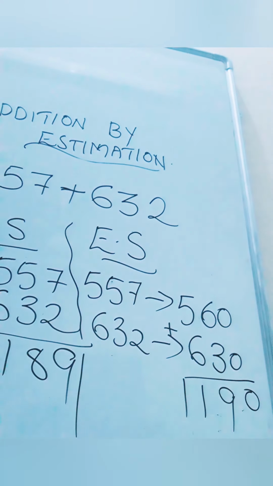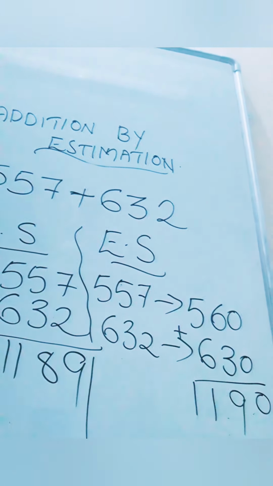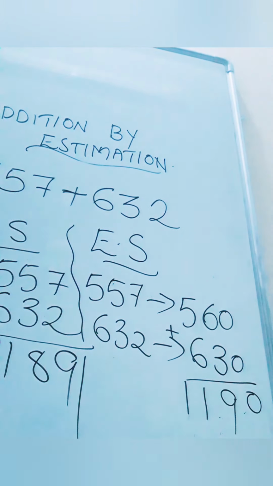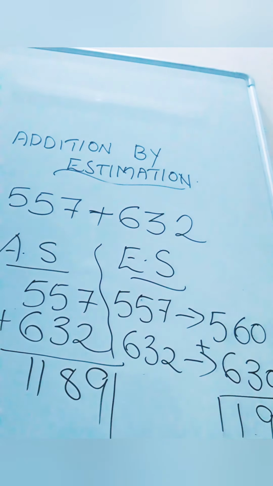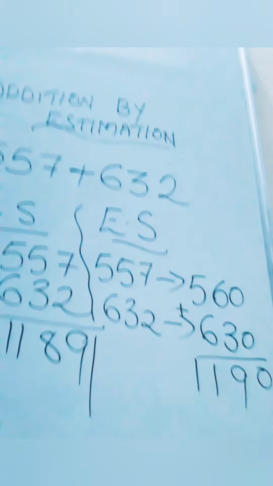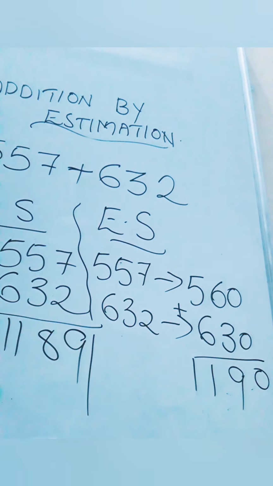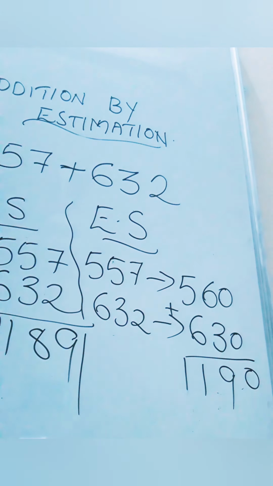See here, the actual answer is 1189. The estimated answer is 1190. You can see only one difference, right? So that means estimation gives an answer very near to the real answer. To find an approximate answer we use estimating sums or differences. Differences I have already done.